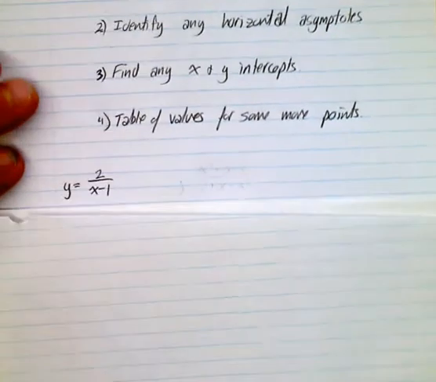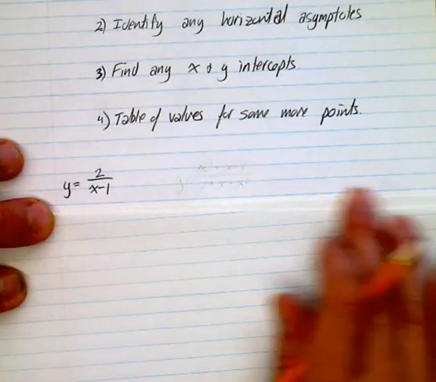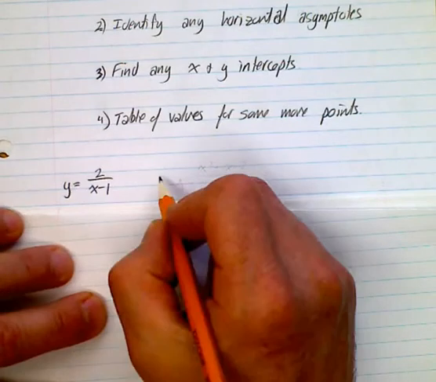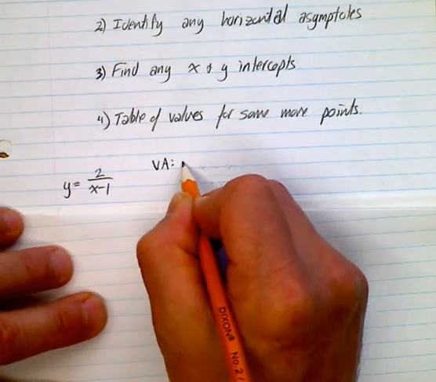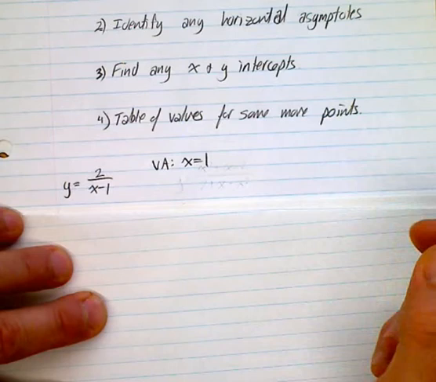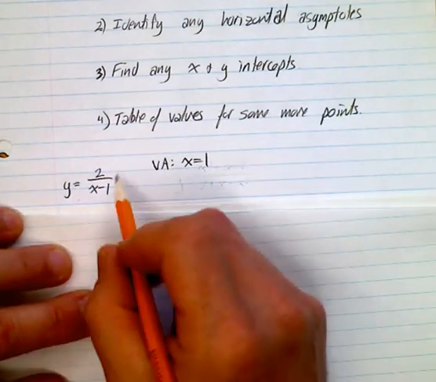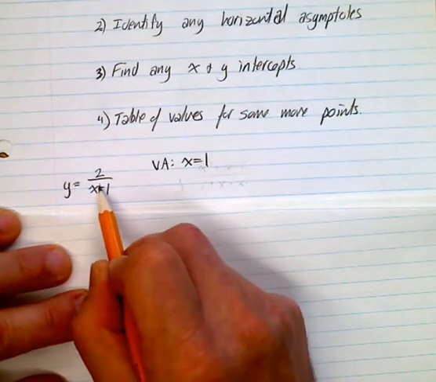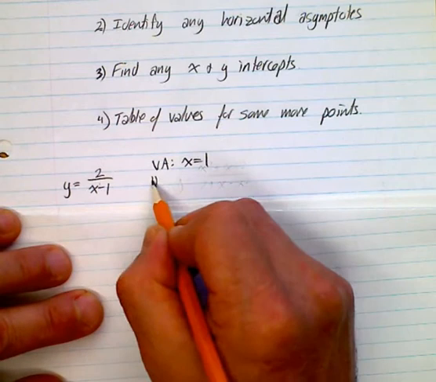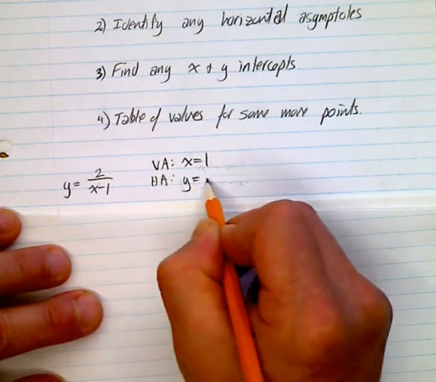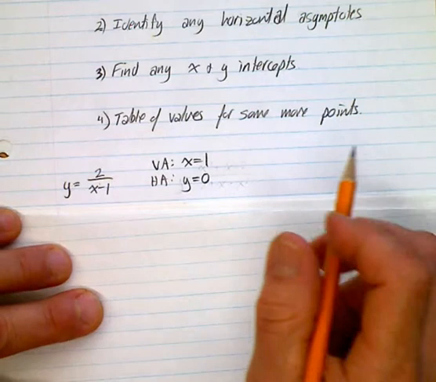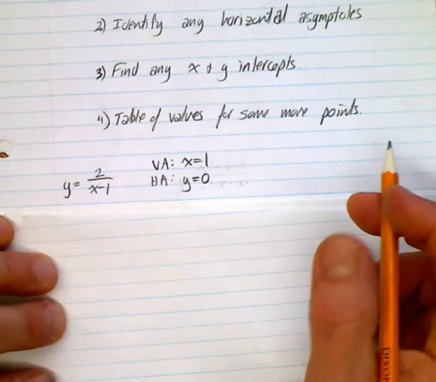Let's look at the first one here: 2 over x minus 1. Identify your vertical asymptote first, as x equals 1. For the horizontal asymptote, the bottom is larger than the top, so your horizontal asymptote will be y equals 0. Now, any x and y intercepts?